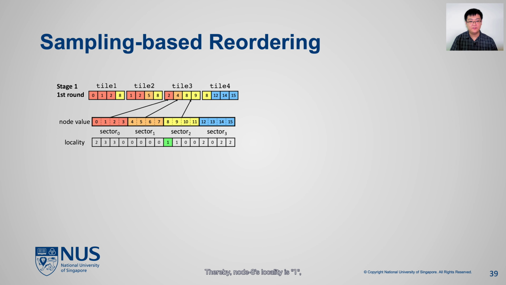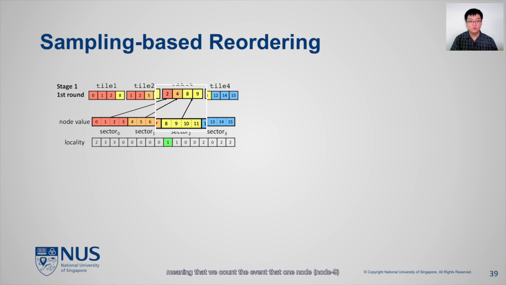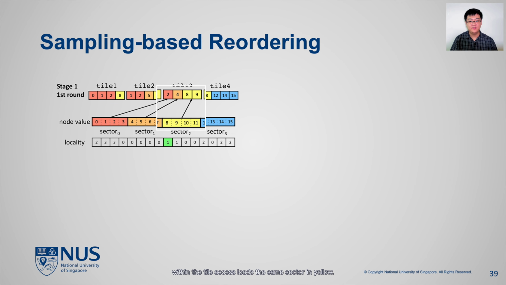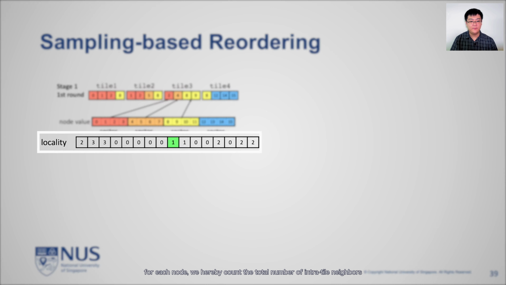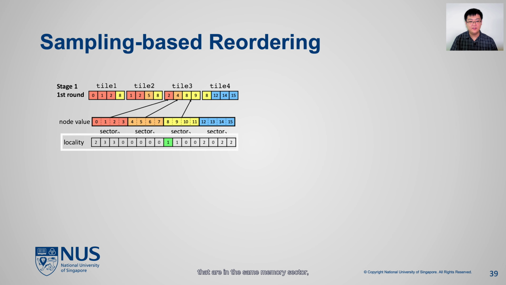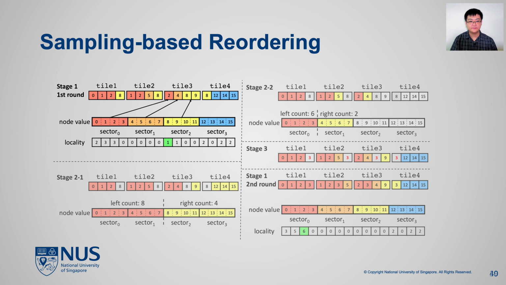Thereby, node 8's locality is 1, meaning that we count the event that one node, that is node 9, within the tile access loads the same sector, in yellow. According to tile access in this stage, for each node, we count the total number of intra-tile neighbors that are in the same memory sector as the locality measure of its index.